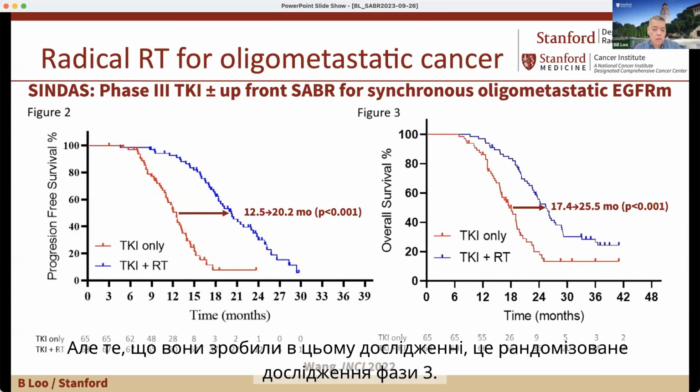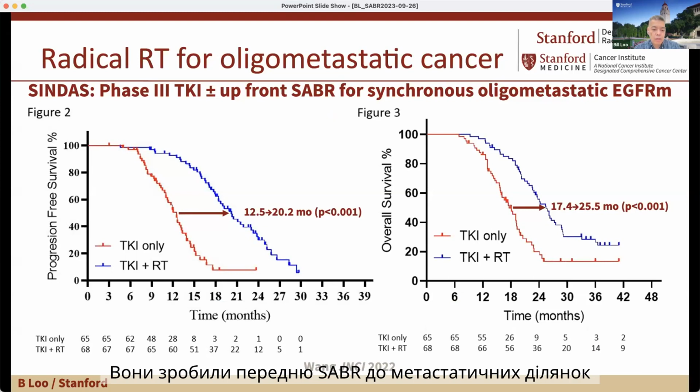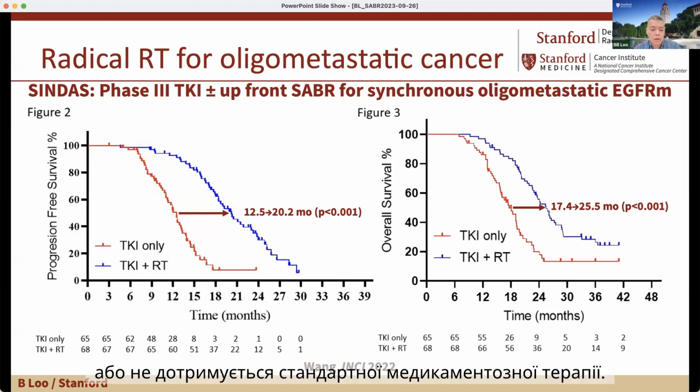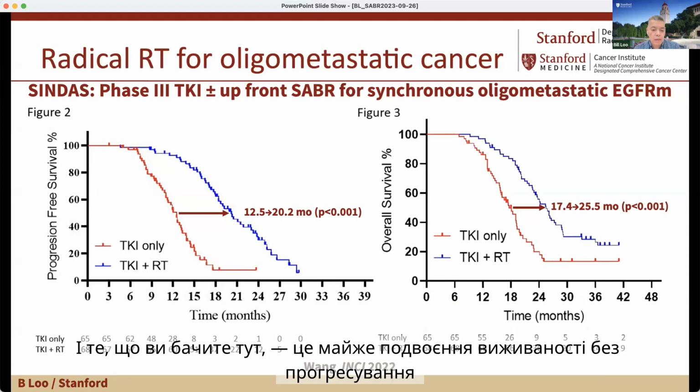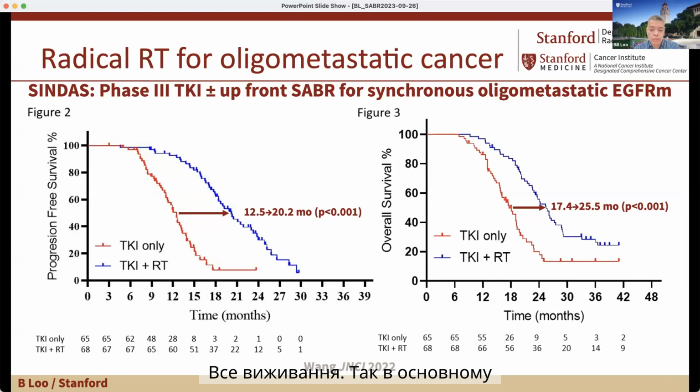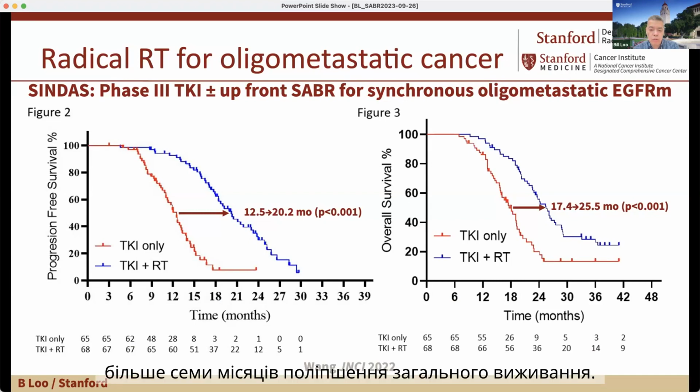But what they did in this randomized phase 3 trial was upfront SABR to the metastatic sites or not, followed by the standard of care drug therapy. What you see here is nearly a doubling of progression-free survival, but also a significant and pretty large impact on overall survival. So basically an over 7-month improvement in overall survival.